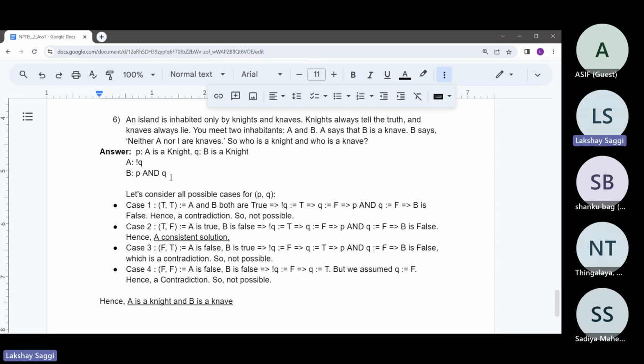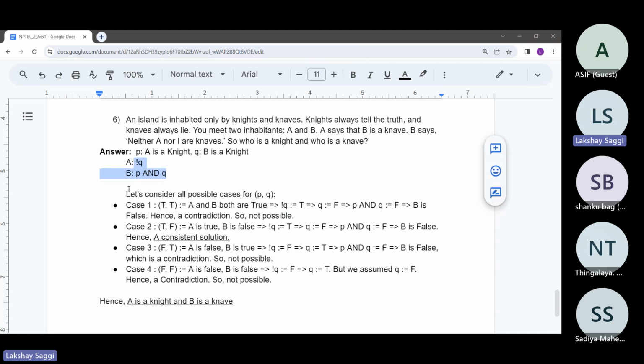Just giving an overview of the solution again. We took a Boolean variable P for A is a knight and a variable Q for if B is a knight. A is basically saying not Q and B is saying P and Q. Now, these statements might be true or not true depending on whether A and B are knights or knaves. So we consider all the possible four cases for P and Q. Case one was when both are true, that is both are knights. Then we see that these statements cannot hold together.